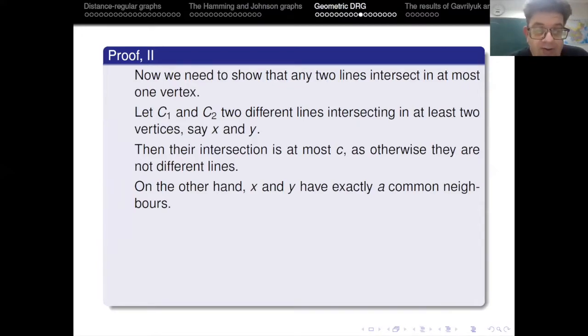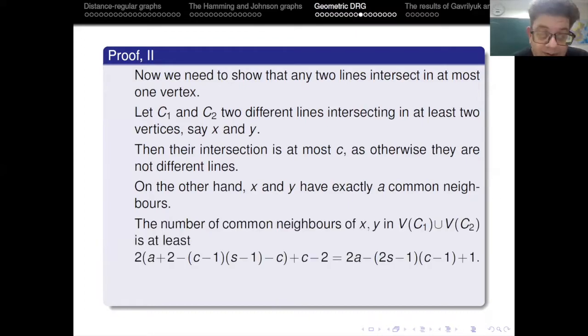On the other hand, X and Y have exactly a common neighbors. So now we look at the number of common neighbors of X and Y in the union of C1 and C2.